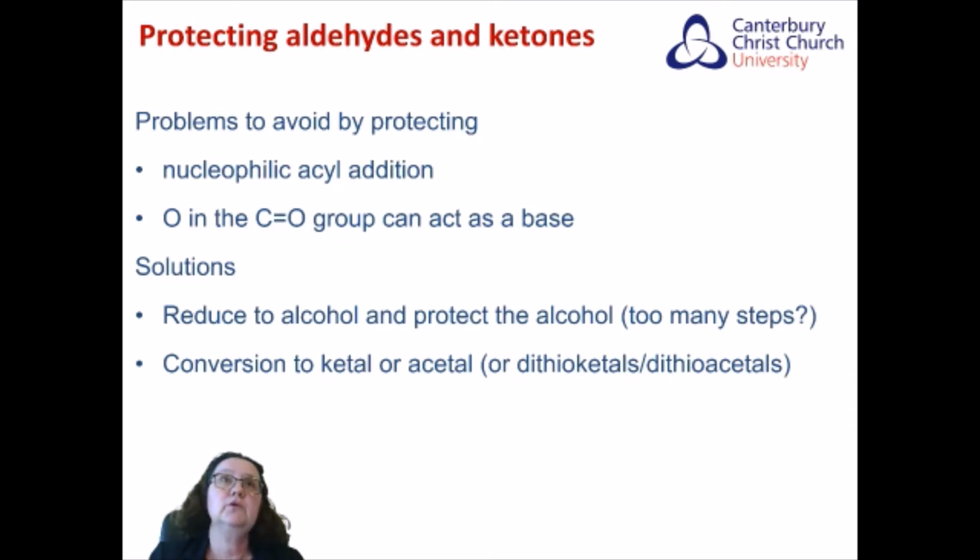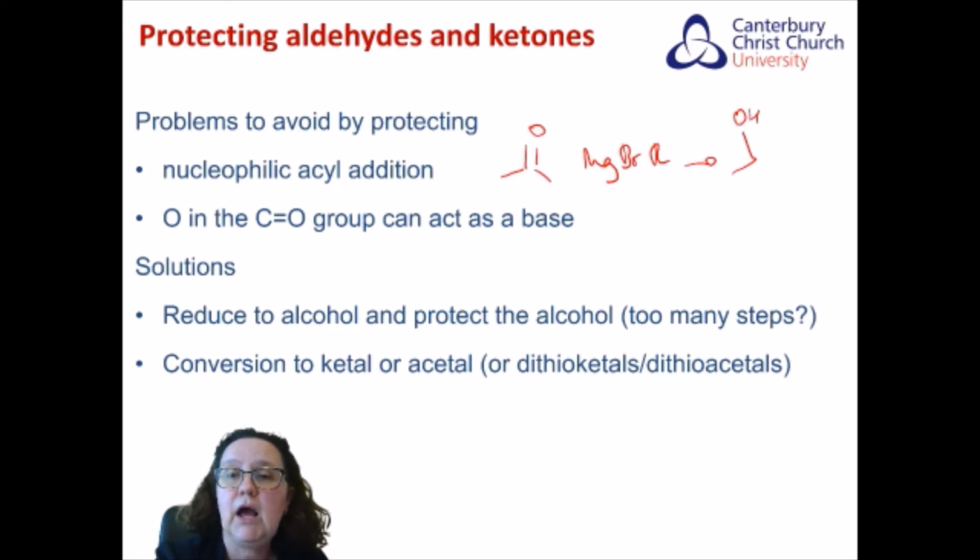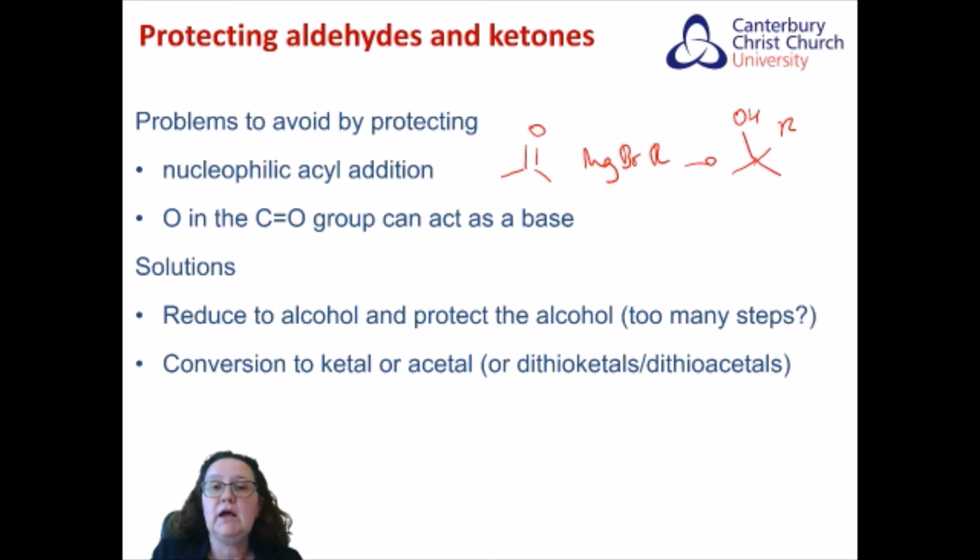For example, by a Grignard reagent, if you have a ketone or an aldehyde with a Grignard reagent of some description, you could end up with an alcohol and a carbon chain, destroying that carbonyl group.